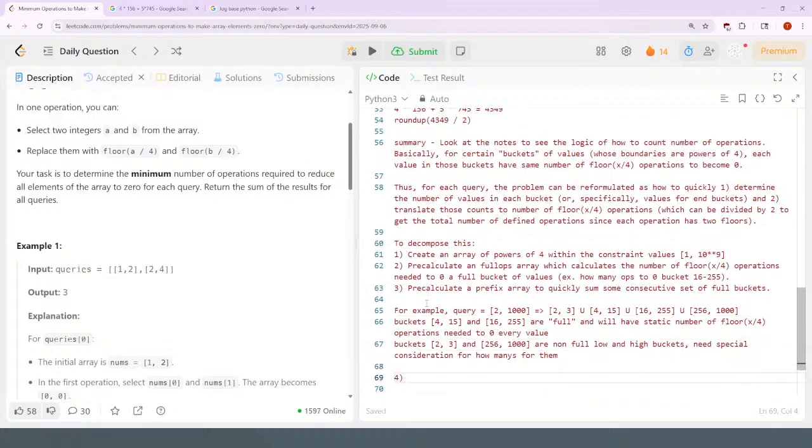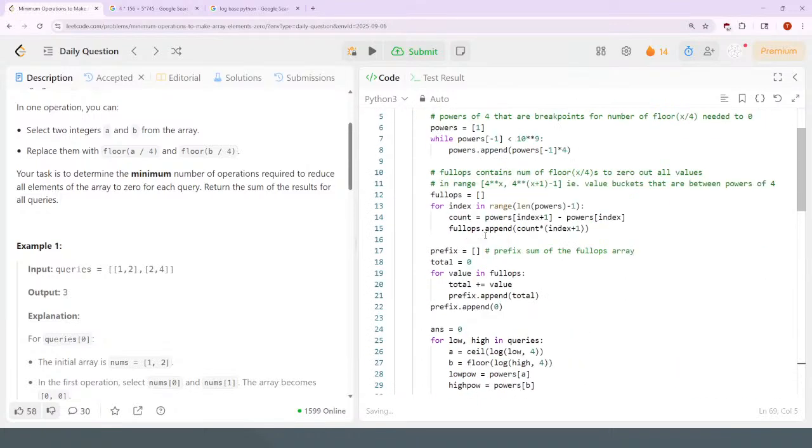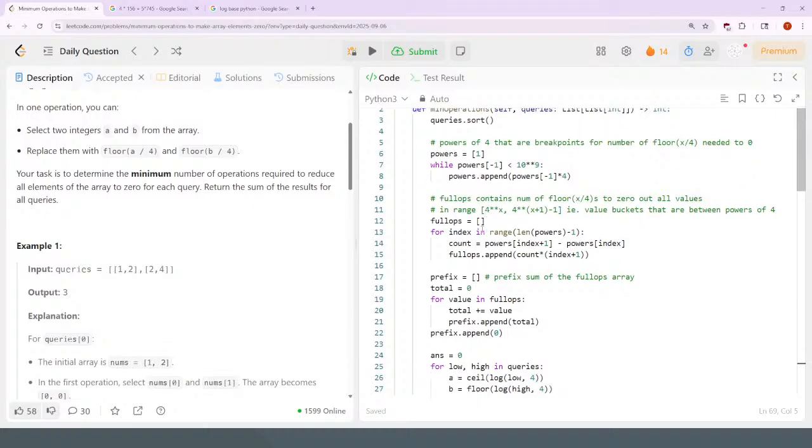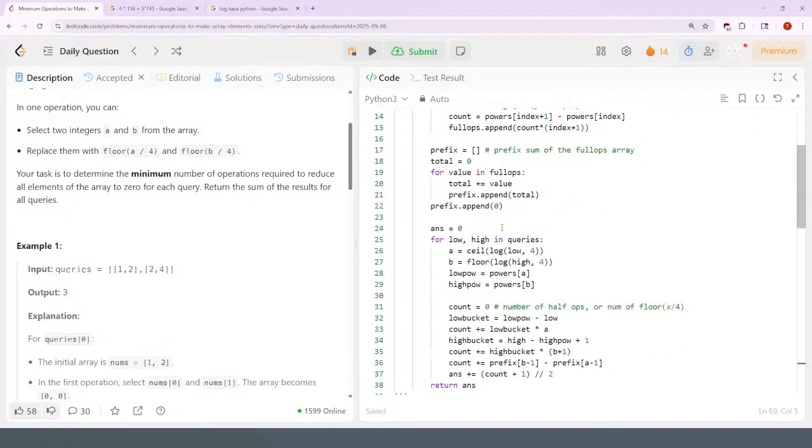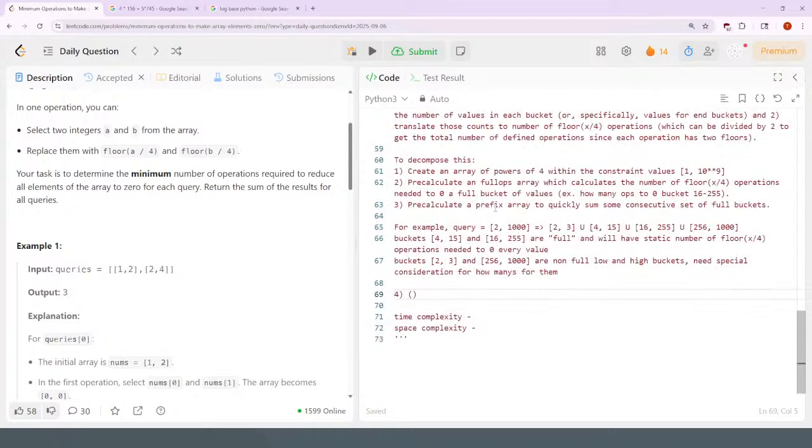So part 4 of this is to iterate. Well, technically, actually, I don't know if you need a sort. Sorting does absolutely nothing, I guess. Yeah, sorting does absolutely nothing.